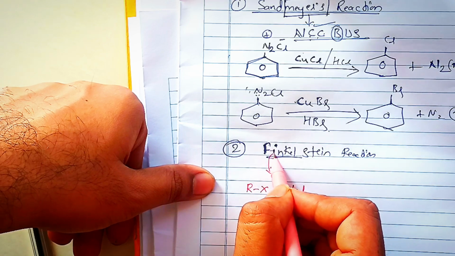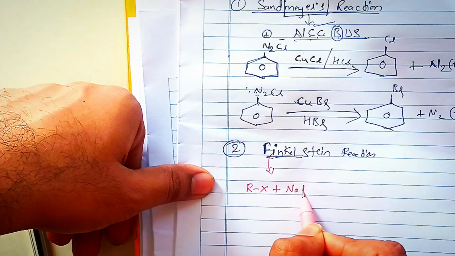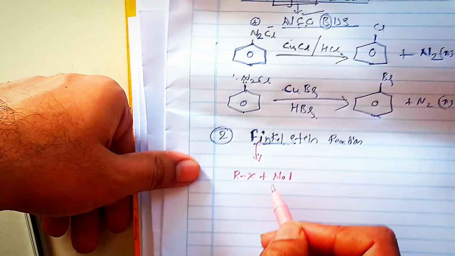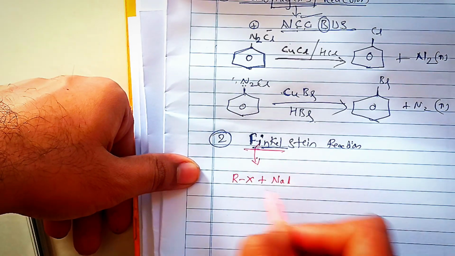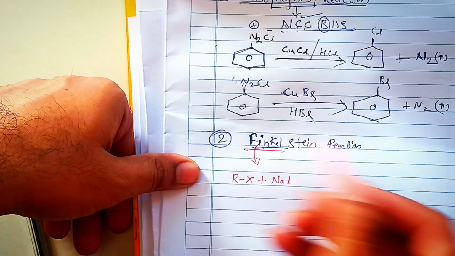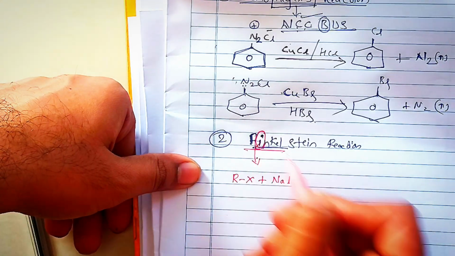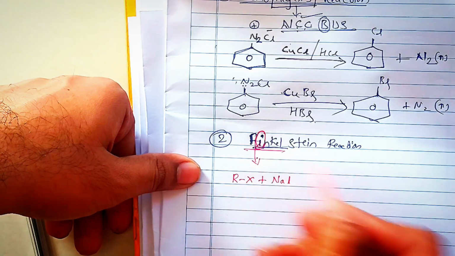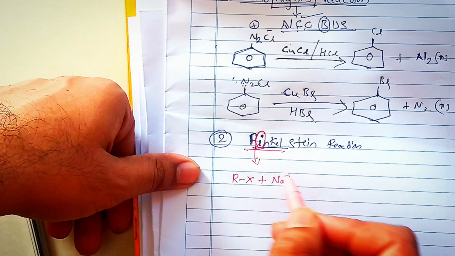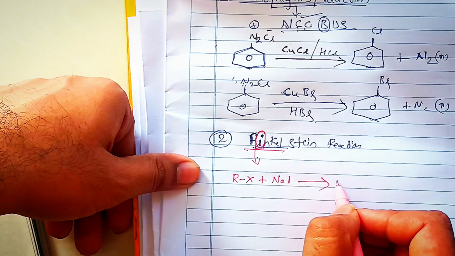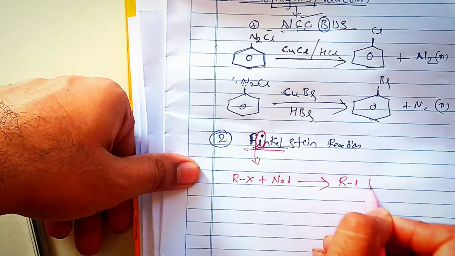I am using this I here as NaI. So always remember, in Finkelstein we have a halogen exchange reaction, where we exchange the iodine. So in the naming only, with the iodine, we will get the Finkelstein reaction, right?